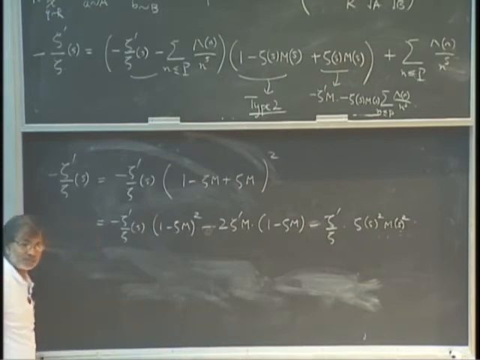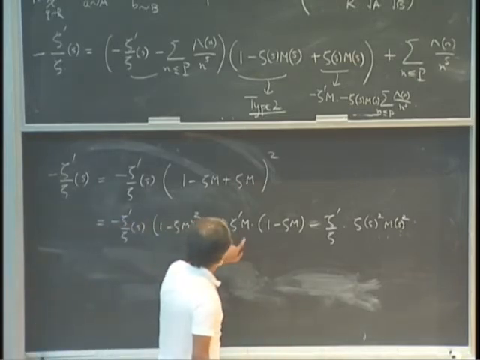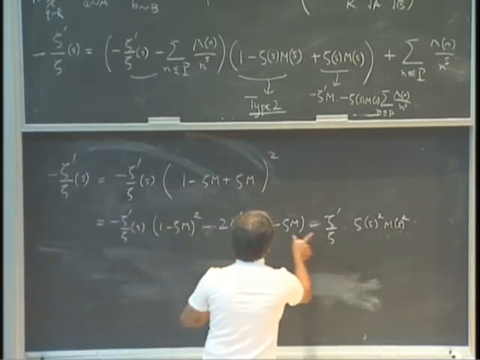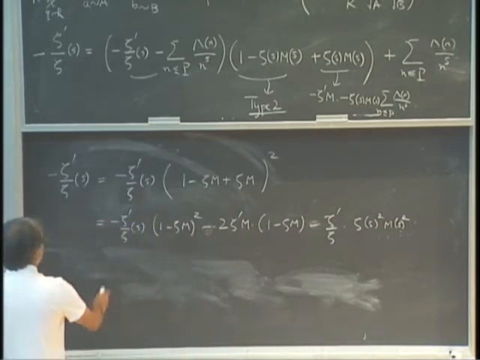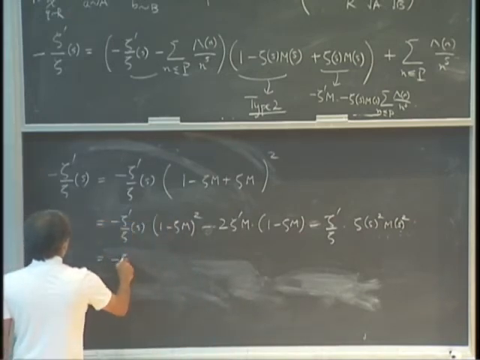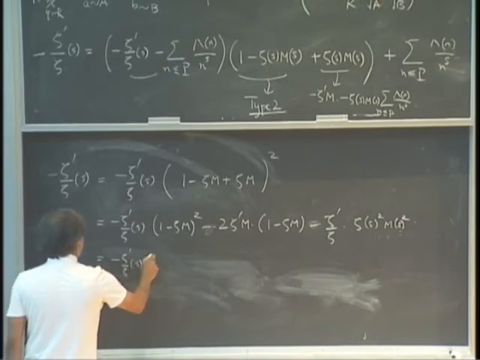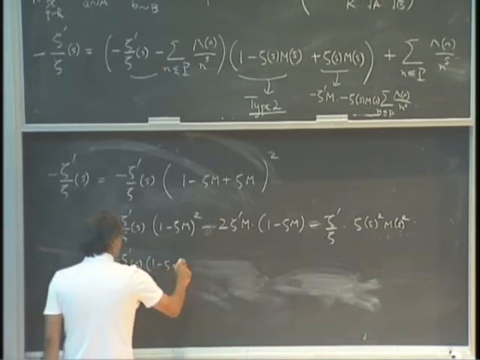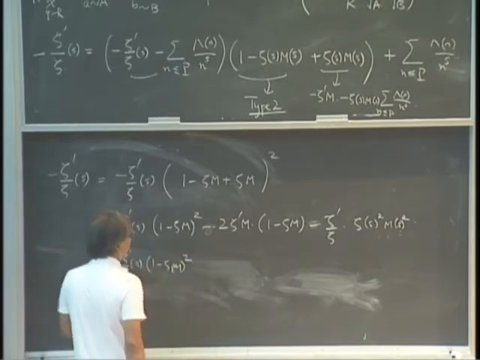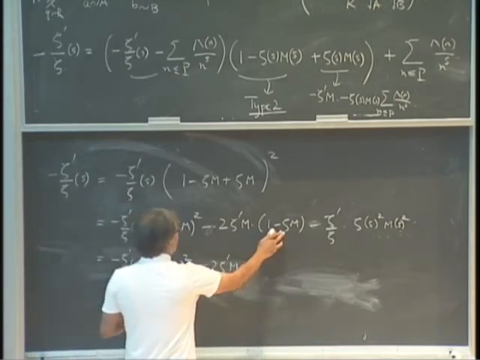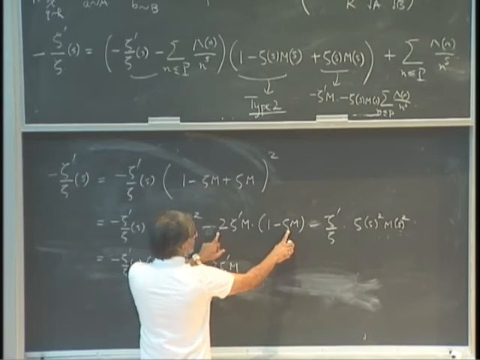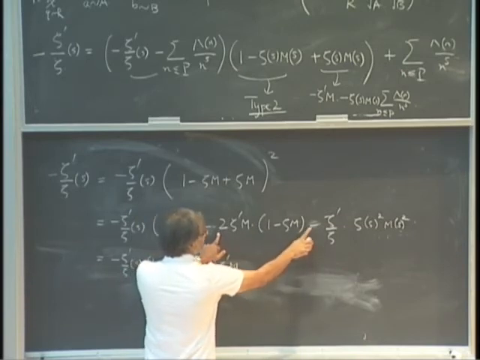Right? Now, okay, or maybe these 2 things are actually the same as that. Is that right? Okay. So minus 2 zeta prime times m plus 2 zeta zeta primed m squared minus that.